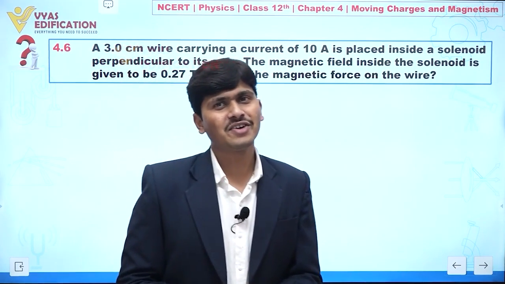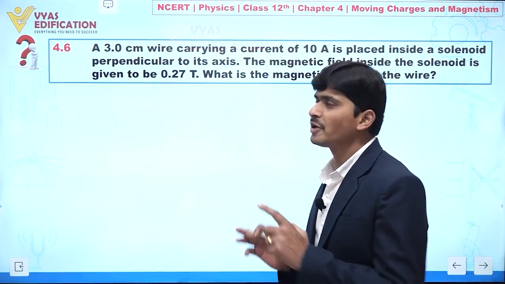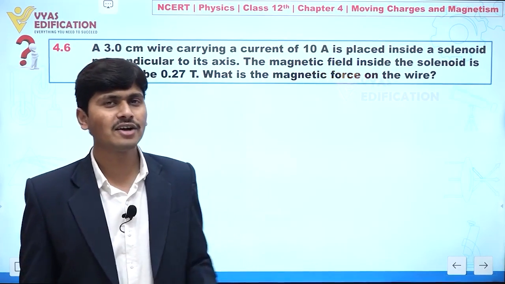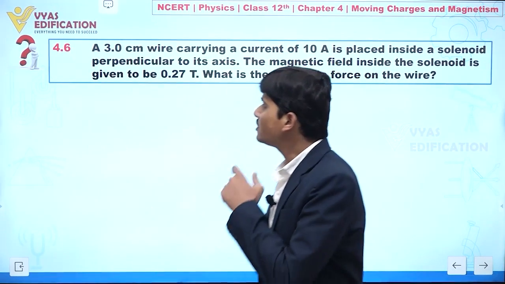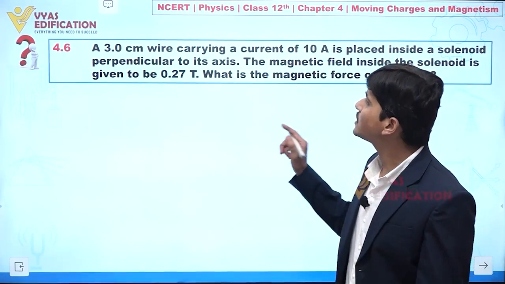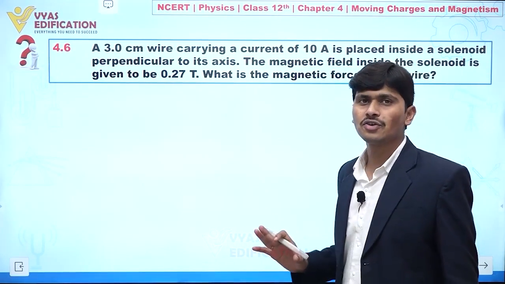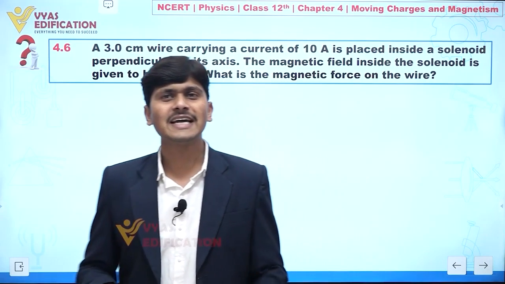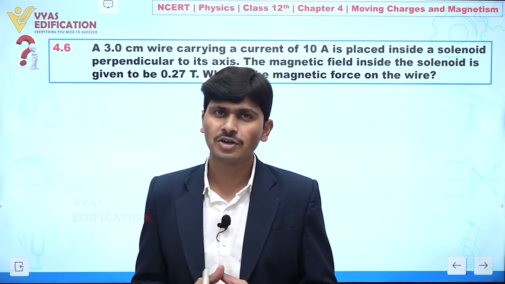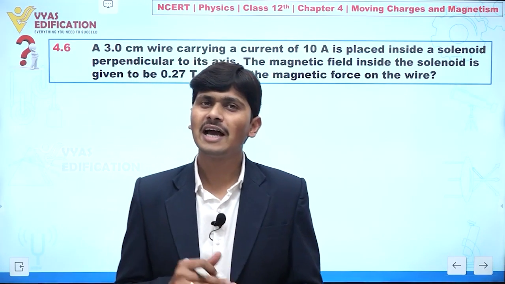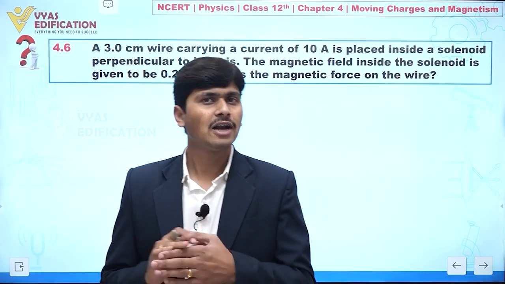Now dear student, we are going to solve question number 4.6, and again this is a question based on the force acting on a current carrying wire. Clear? In this question it is given that a 3 cm wire carrying a current of 10 ampere is placed inside a solenoid. If current flows in a solenoid, it will have a uniform magnetic field along its axis.